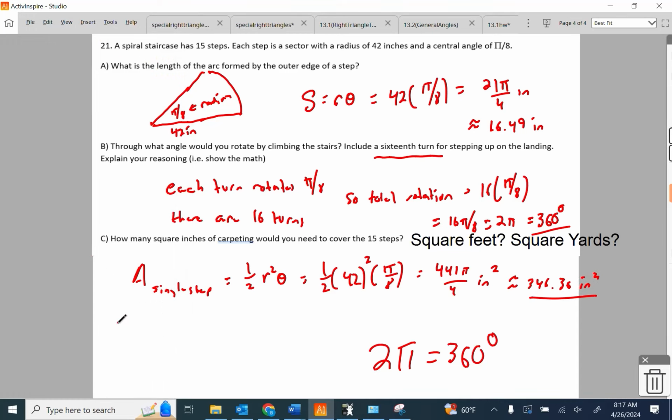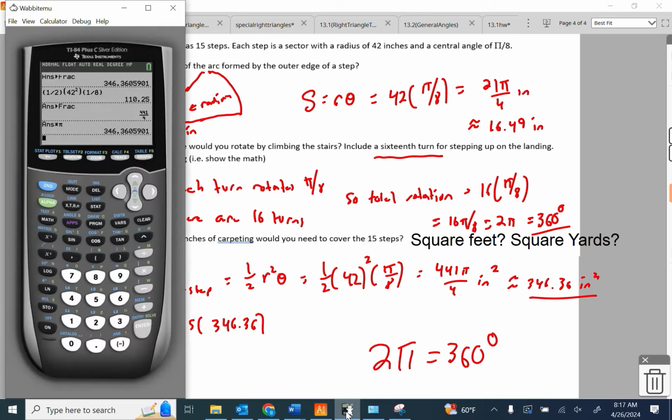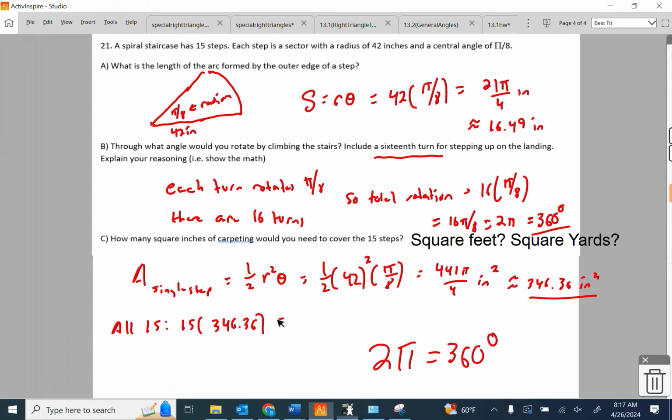So when you talk about all 15, I'm going to just say 15 times this guy right here. I'm using all the exact numbers in calculator. So I need 5,195.41 square inches.